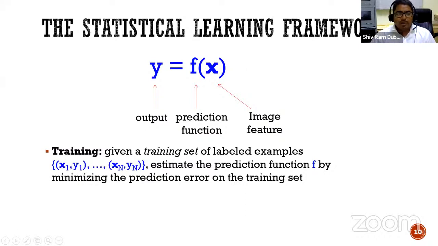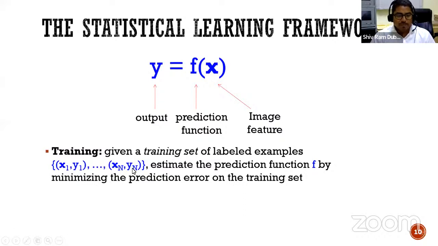So what we want during training is to make use of this data, that this is the sample and it belongs to this category. We want to use this information to find out what this function should be, such that if we provide x1 to xn as the input to this function, it should produce the output y, which should be very similar or the same as y1 to yn.